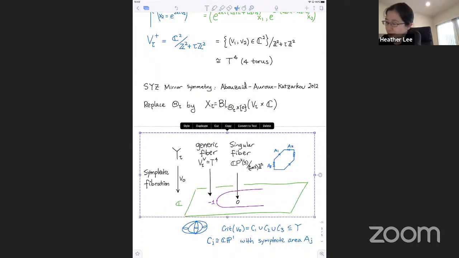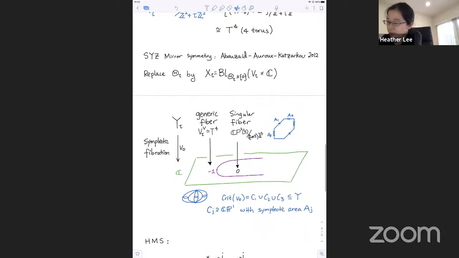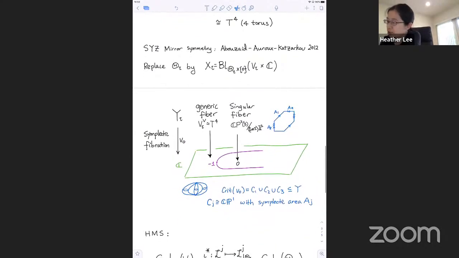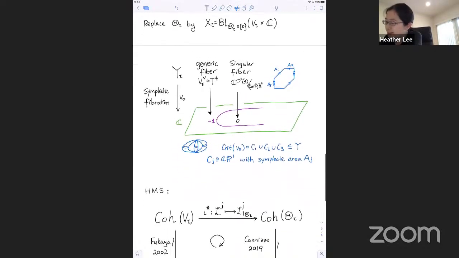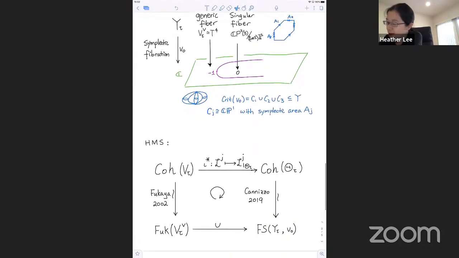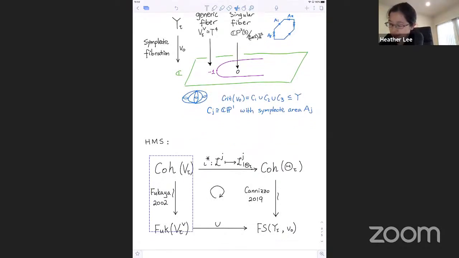So speaking of homological mirror symmetry, Fukaya has shown a general homological mirror symmetry result for abelian varieties that takes care of this equivalence between the derived category of coherent sheaves on V and the Fukaya category on V-check, the mirror.